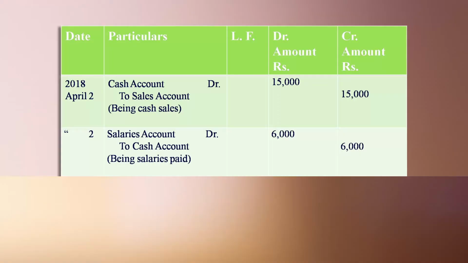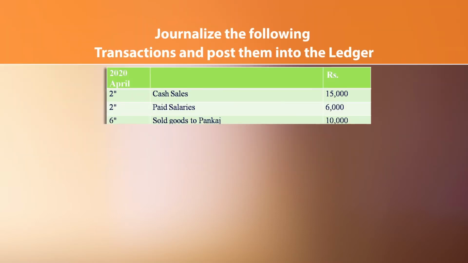So therefore the transaction which will be recorded in the book of original entry will be salaries account debit to cash 6,000 rupees. So this is the second transaction which we have recorded in the book of original entry. Then the third one is sold goods to Pankaj, that we have sold the goods to Mr.